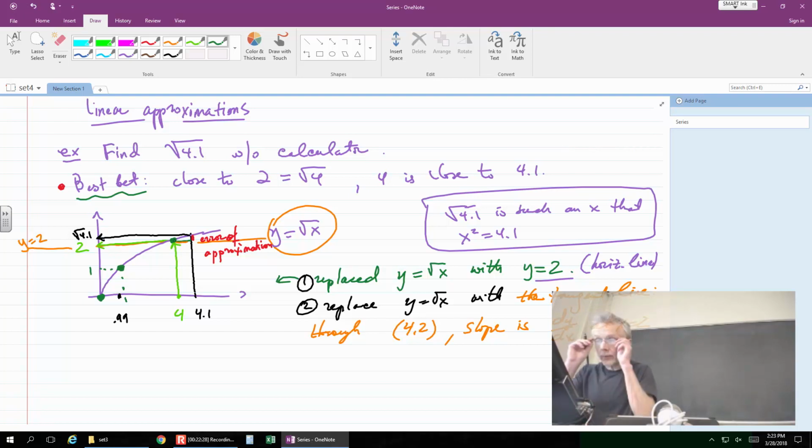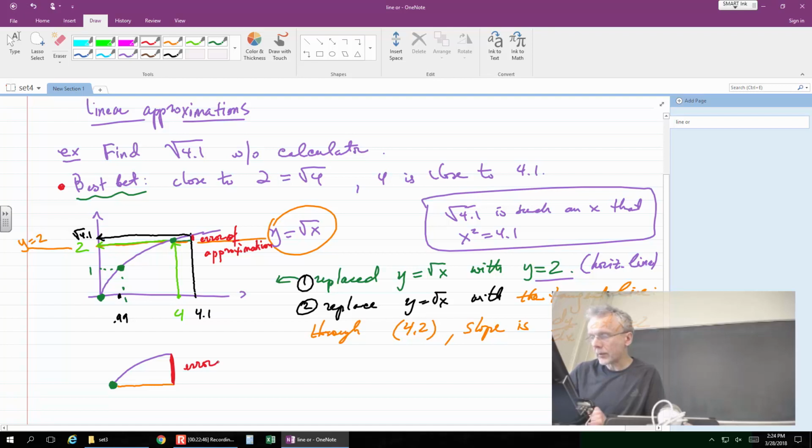So first of all, I hope the advantage should be visible. I'm zooming in on that location over there. This is my horizontal line. This is my error that we have so far of the approximation.